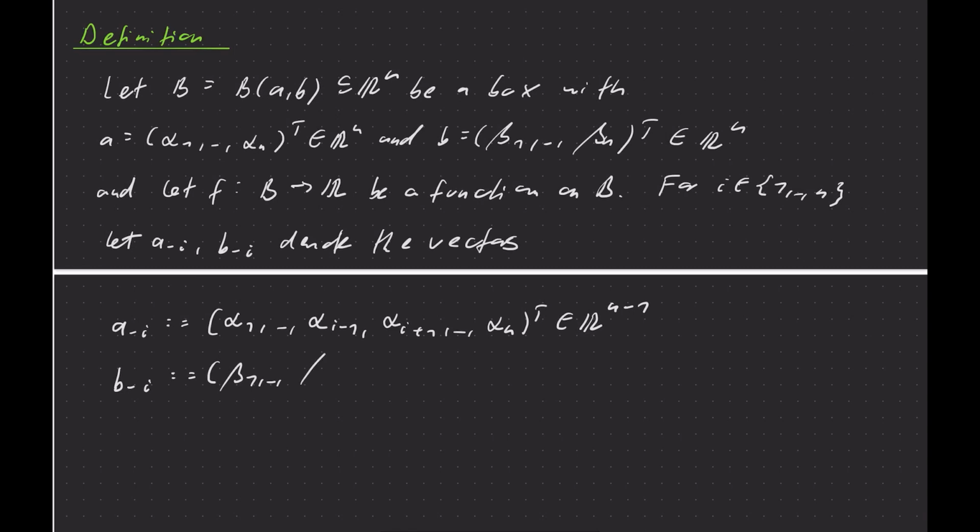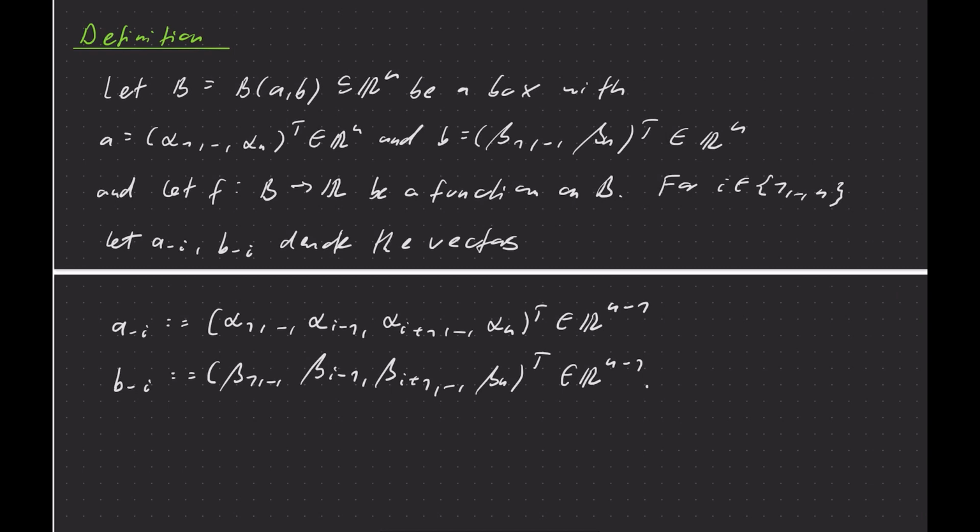We just take all the coordinates up to the i minus first, then leave out the ith coordinate, start again with the i plus first, and then proceed to the last one. So we just remove coordinate i from the vectors.